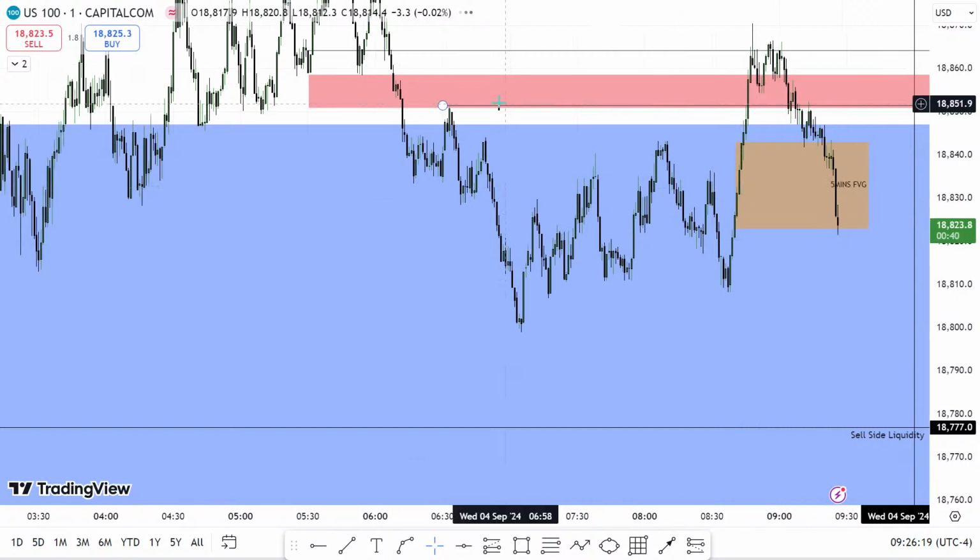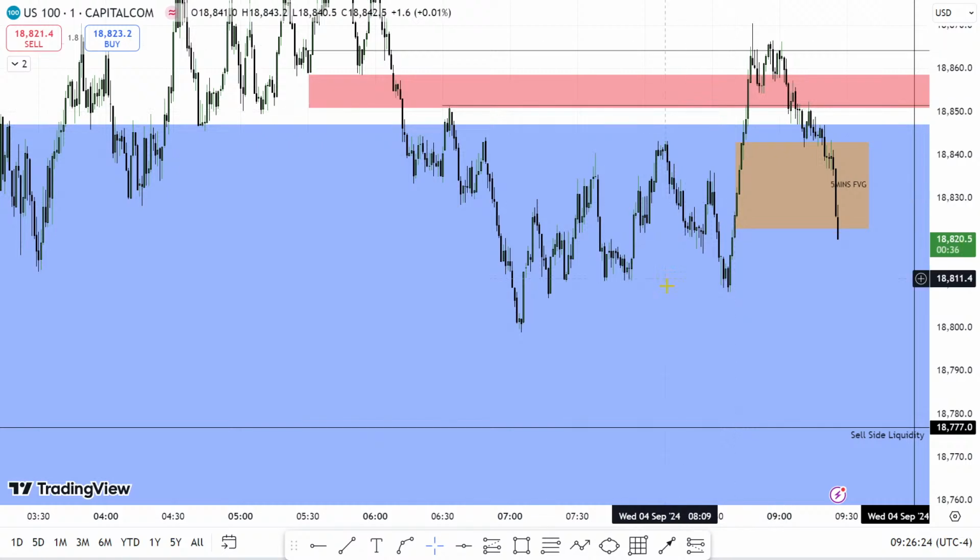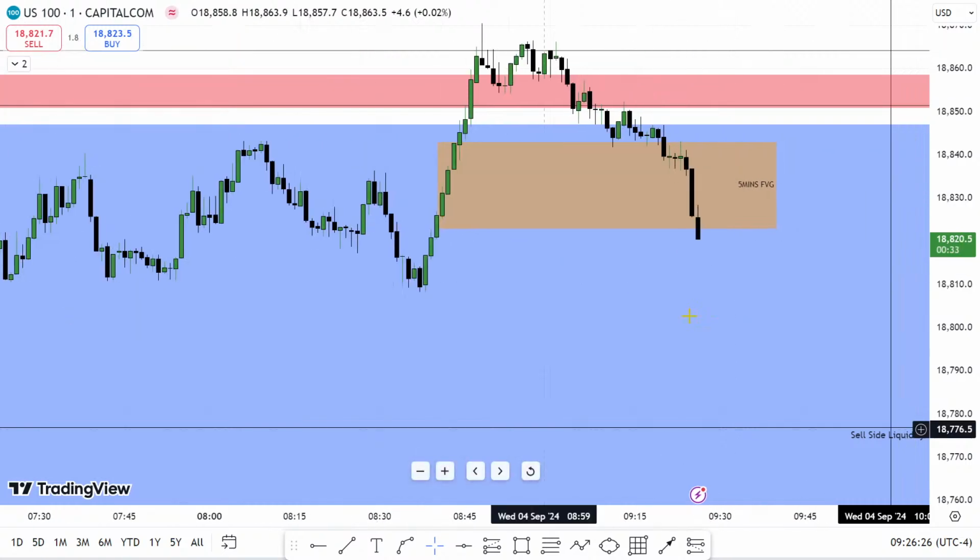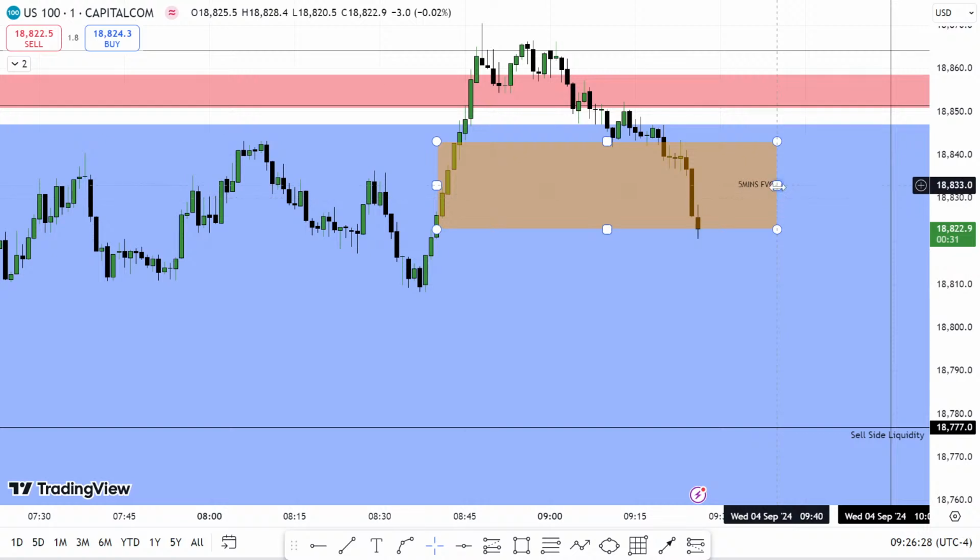Now you see this point here is where we've taken a high. We've swept a high here. That's a fake out, broken through this fair value gap here.